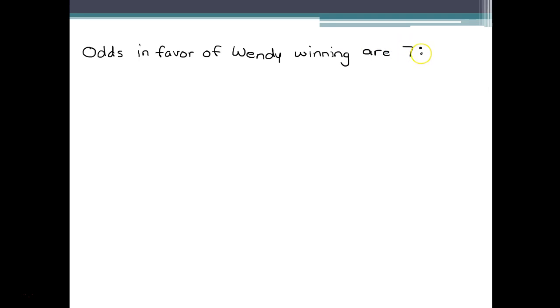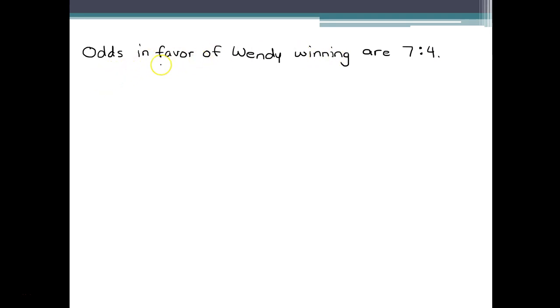Okay, for instance, odds in favor of Wendy winning an election are 7 to 4. And we want to use this to find probabilities.